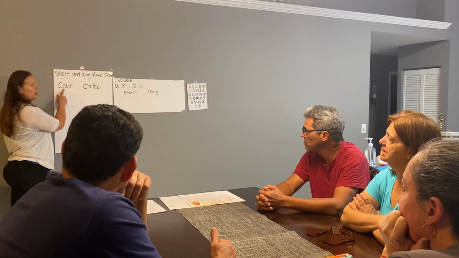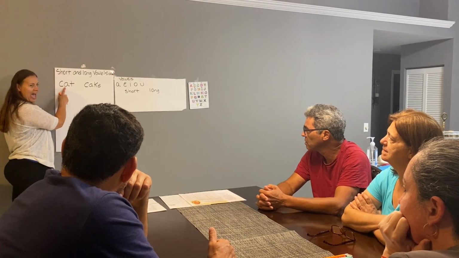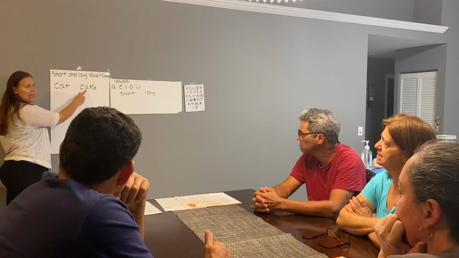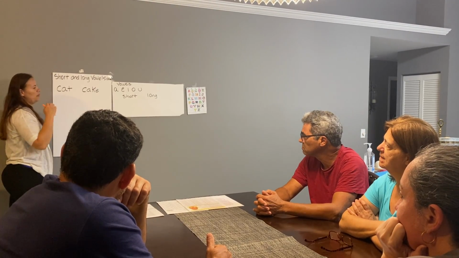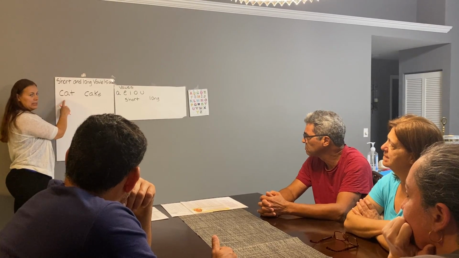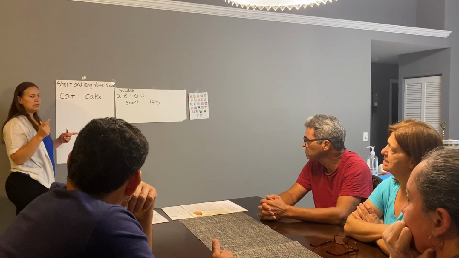One, we pronounce it as cat, and the second one we say cake. So today's lesson is about figuring out why we have vowels that are the same but have different sounds.